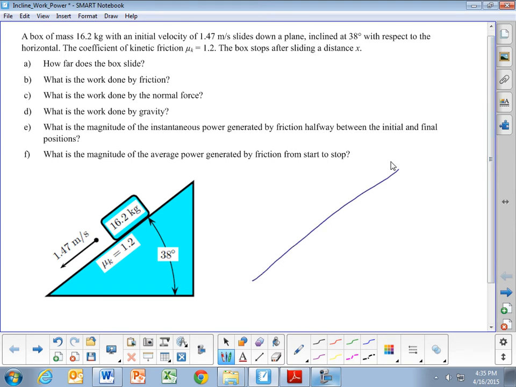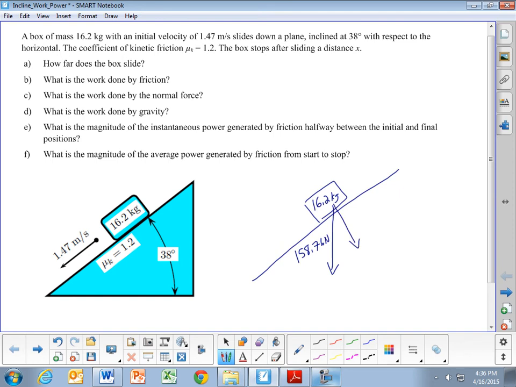So if we look at this, if we have this box on the ramp, it has a mass of 16.2 kilograms. The force of gravity acting on it is the mass times 9.8, which is 158.76 newtons. So we can break that force of gravity into components.